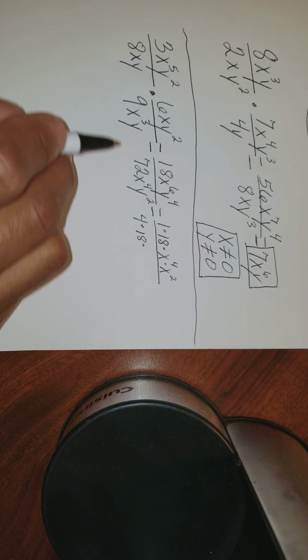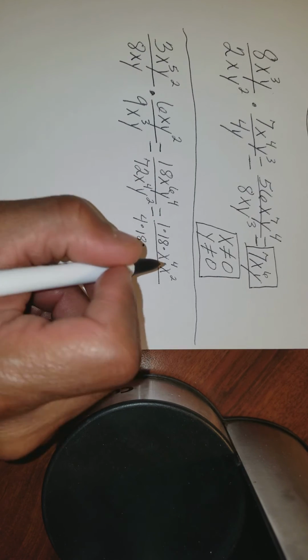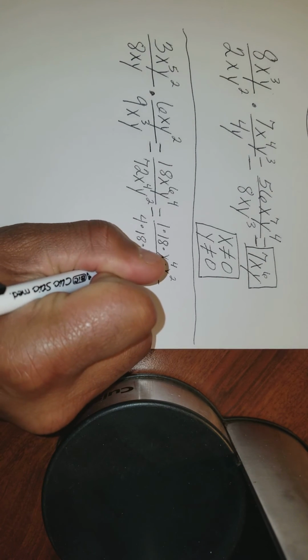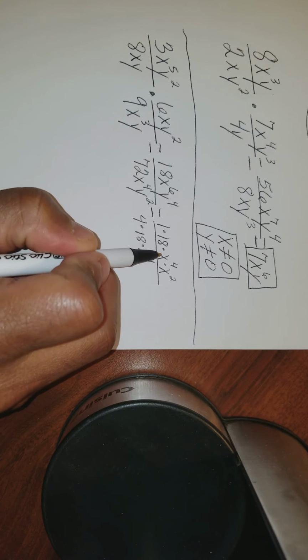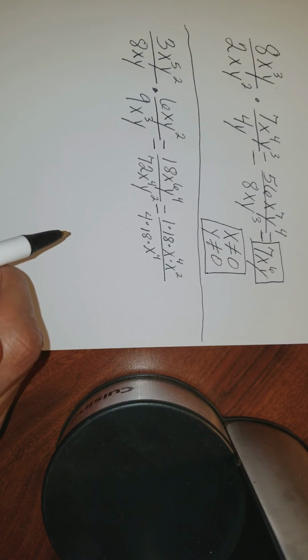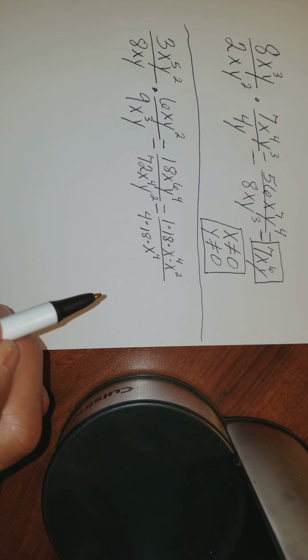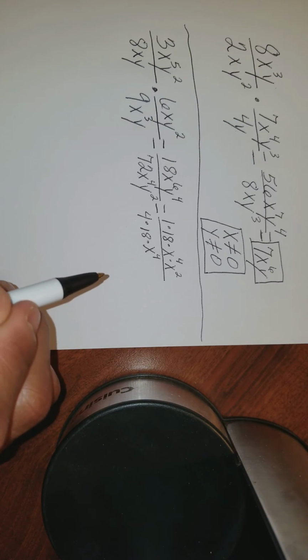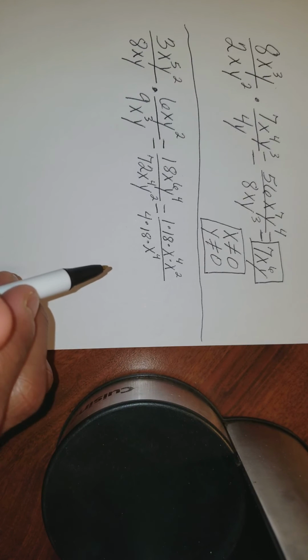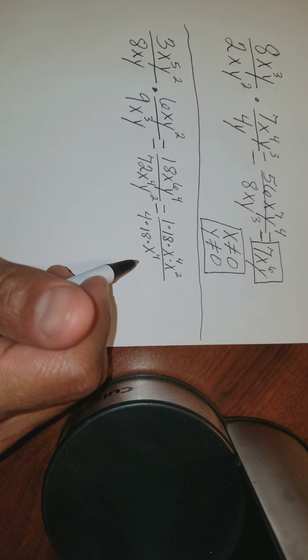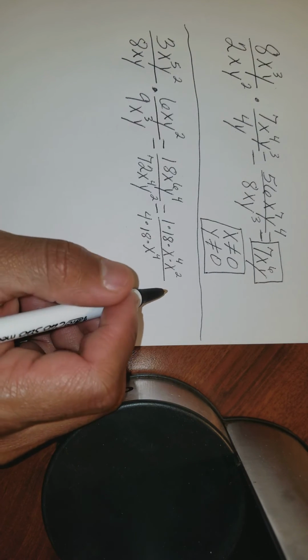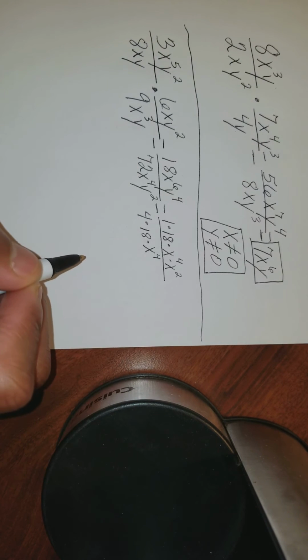Again, the reason I'm doing this is because I have only 4 x's at the bottom, and I want to show you guys common factors. Now granted, we can just subtract the exponents and get the answer, but the concept is to show you guys how to use common factors to help you simplify rational expressions via multiplication.